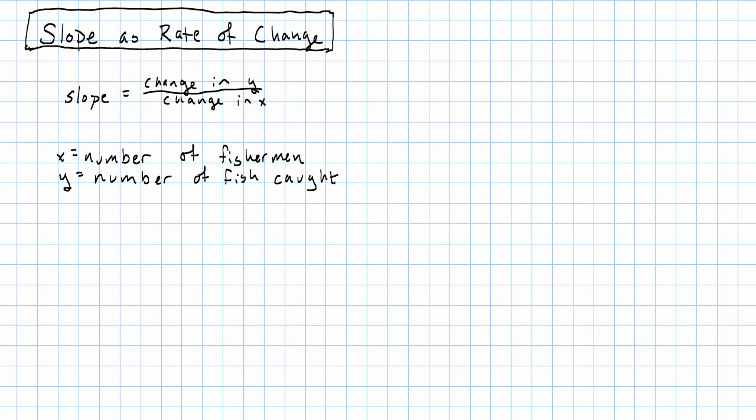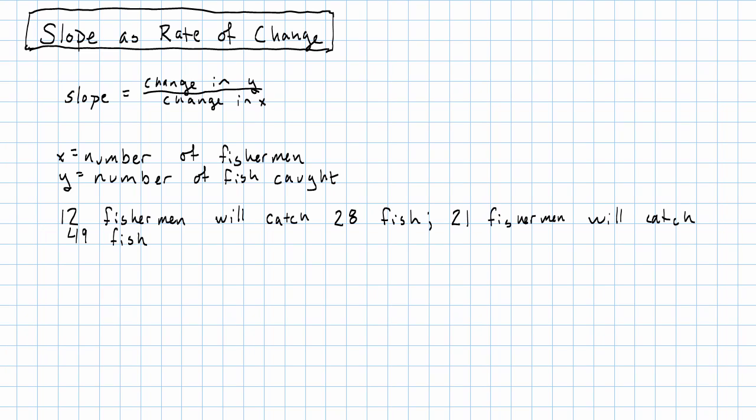Suppose that x represents the number of fishermen, and y represents the number of fish they catch. Right, so let's say we're told in a story that 12 fishermen will catch 28 fish, and 21 fishermen will catch 49 fish.